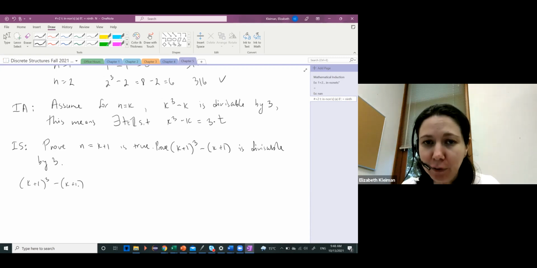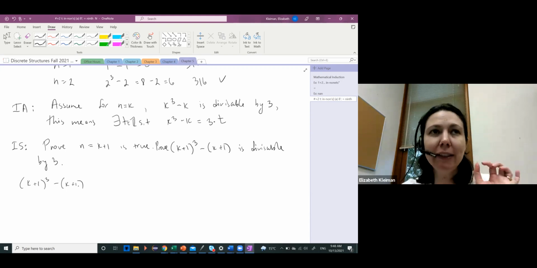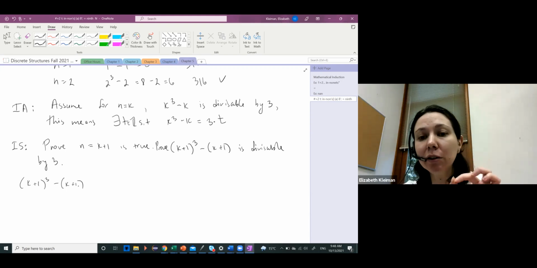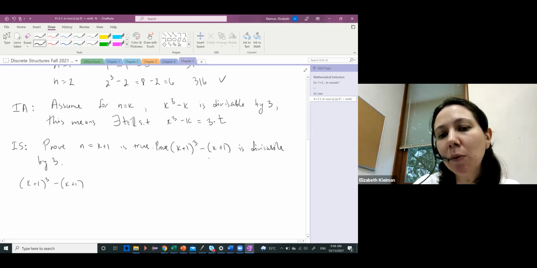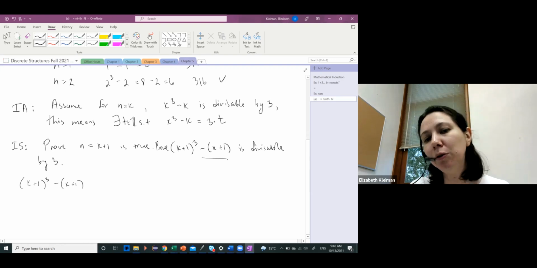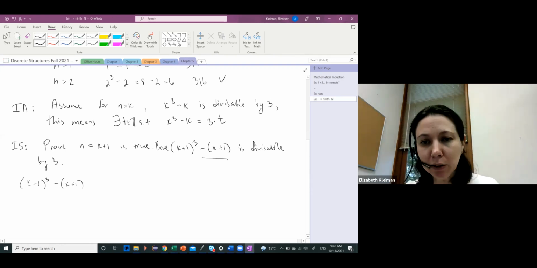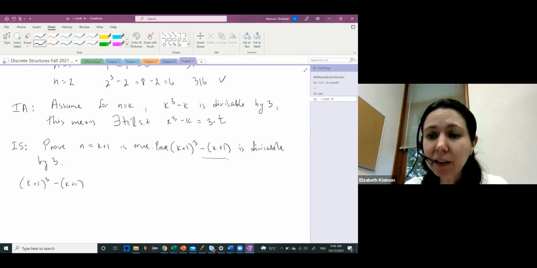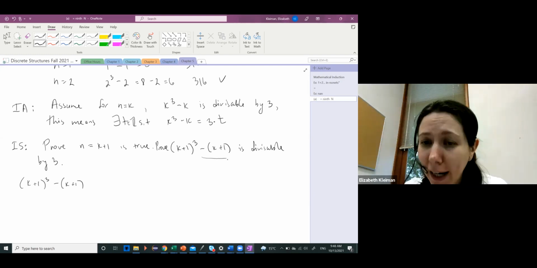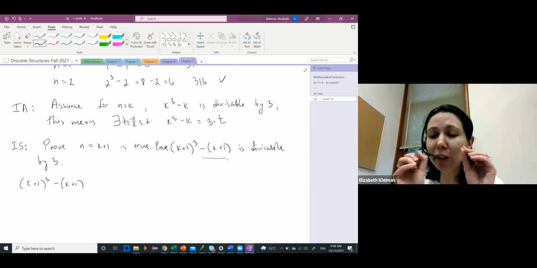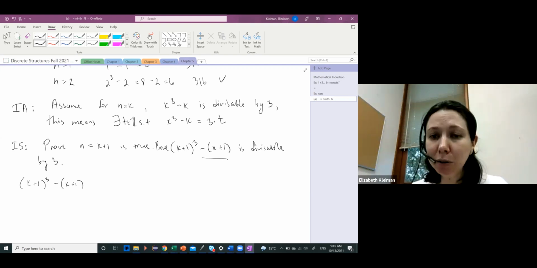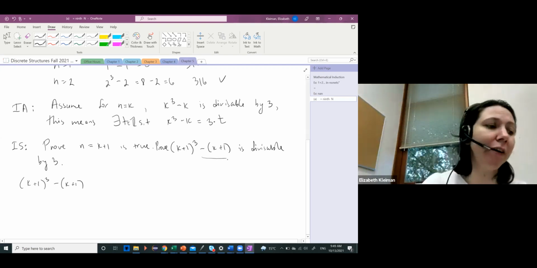So be careful. When you substitute k plus 1 instead of n, don't forget the parentheses. The most common mistake is losing the minus on the negative 1, and then all of your mathematics is not going to work out. And guess what? You're not going to be able to prove anything. So be careful, don't rush, take your time to put in your little parentheses and do all the operations carefully.